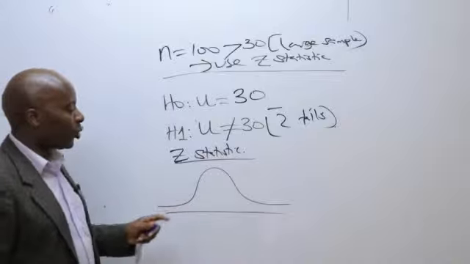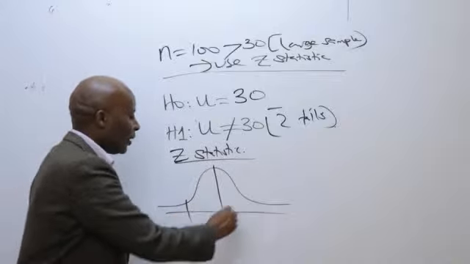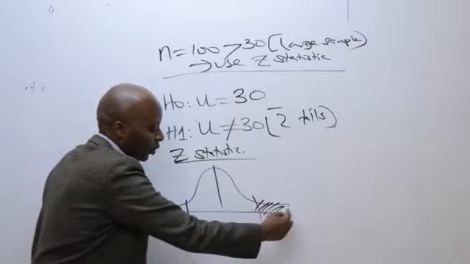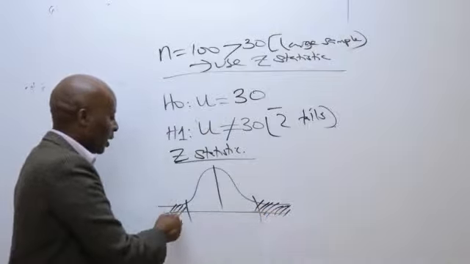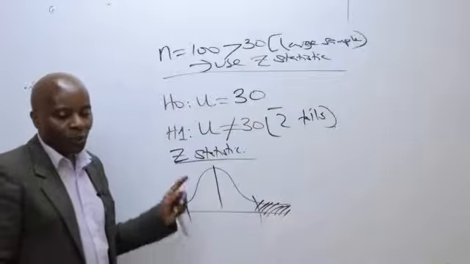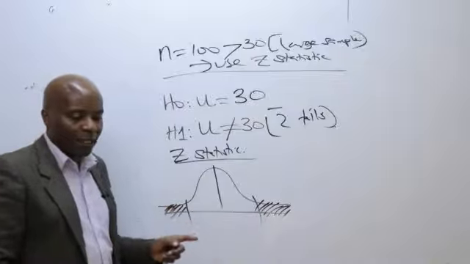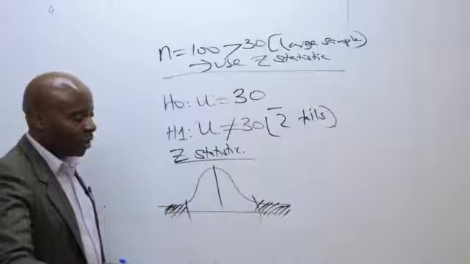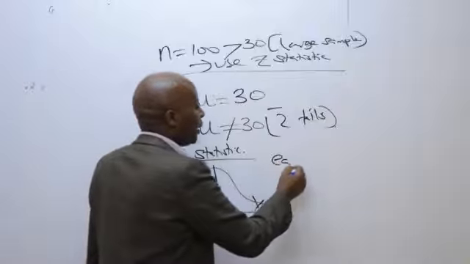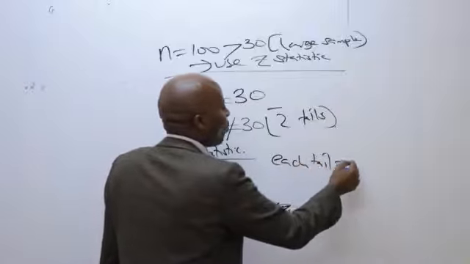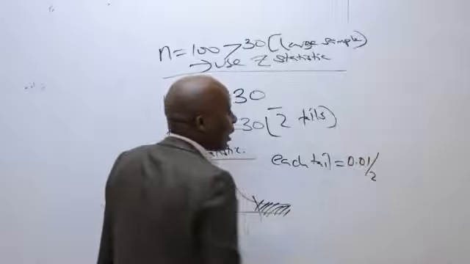Because it is 2 tails, not a problem. I'll come and shade my 2 tails. Of course, there is no tail at the middle. So when there are 2 tails, I have to subdivide the level of significance into 2. Because of the 2 tails, each tail will take 1%, 0.01 divided by 2.